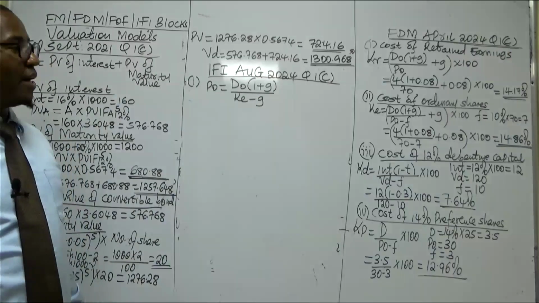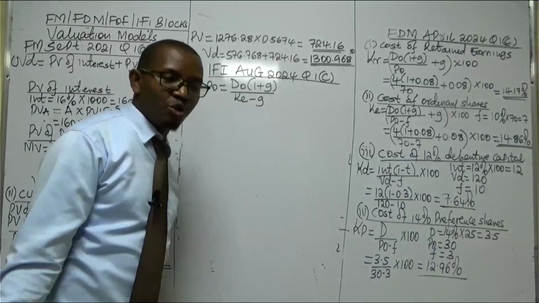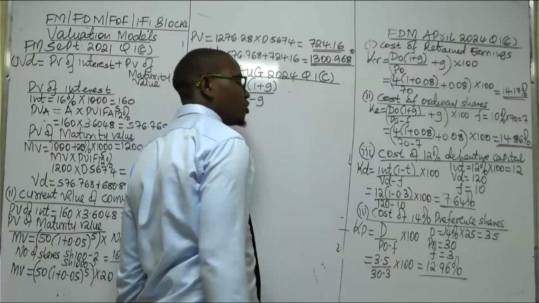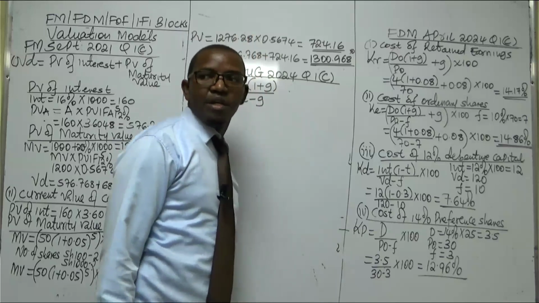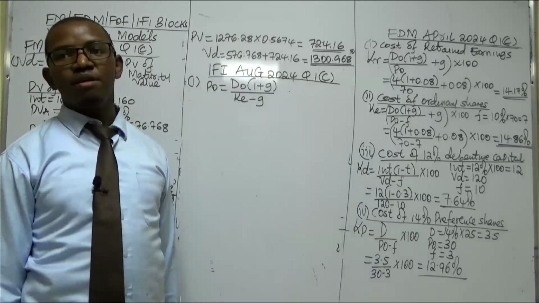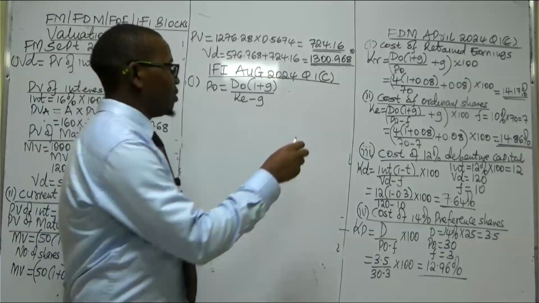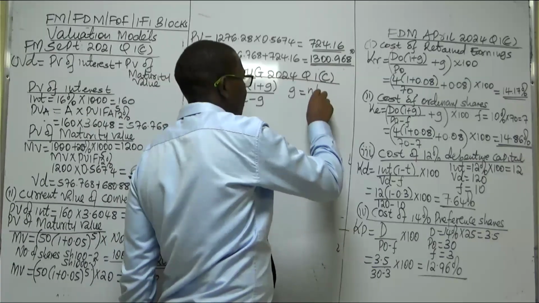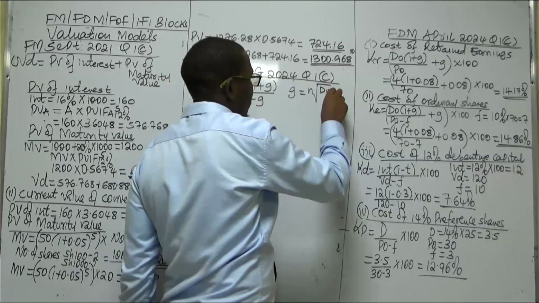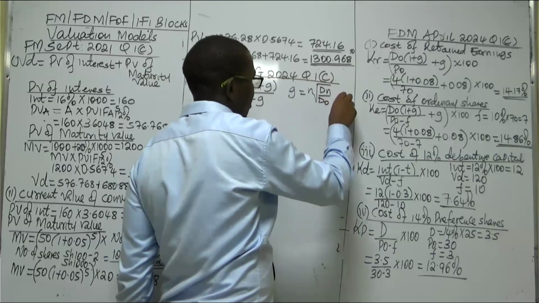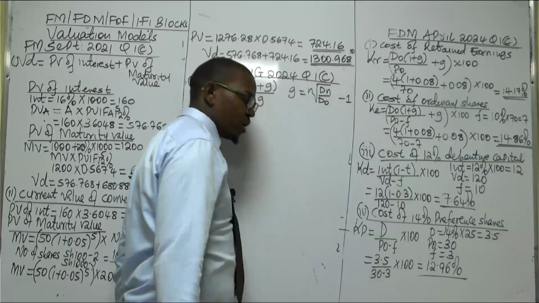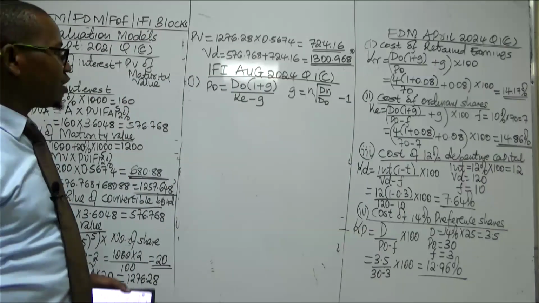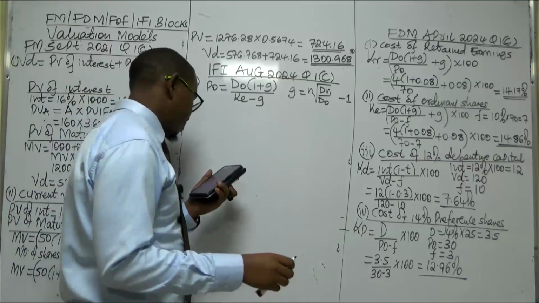Now that we are given the historical dividend, I said whenever you are given the historical dividend, you get the dividend growth rate, which we use what we call the compounding method. This is a compounding method, D4 over D0 to the power 1 over 4, minus 1. That is when you are given the historical dividend payment.